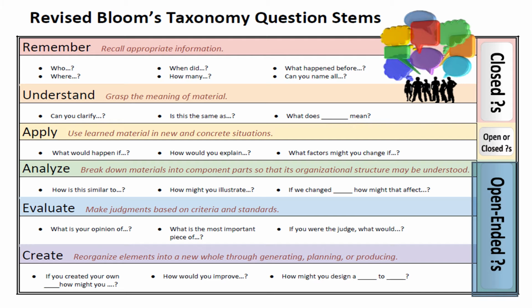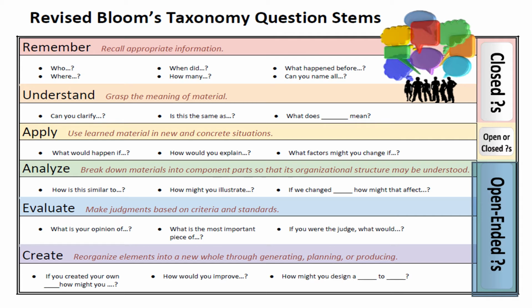Again, open-ended. This is when, based on what you've read, you have to think about generating, planning, or producing something new. Examples include, if you created your own something, how might you? How would you improve? Or finally, how might you design a something to something?